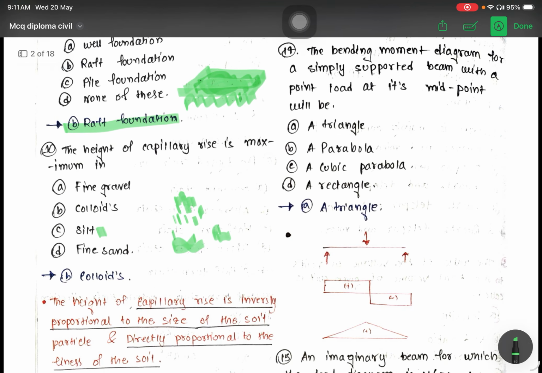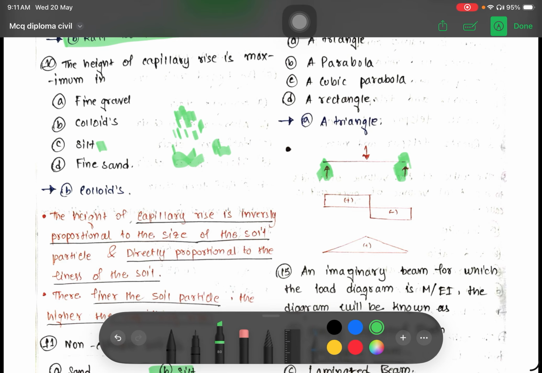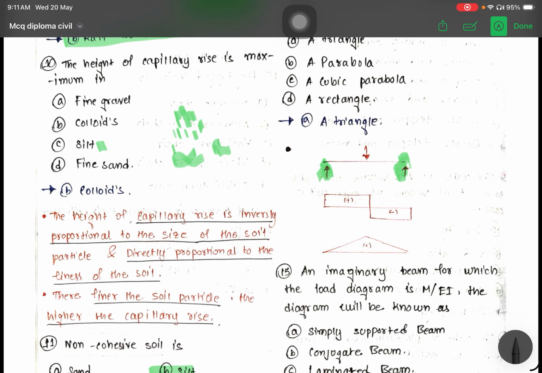The bending moment diagram for a simply supported beam with a point load at its midpoint will be a triangle. Here it is shown that in a simply supported beam, there will be a hinge connection at one end and a roller connection at the other, and this is the SFD diagram.